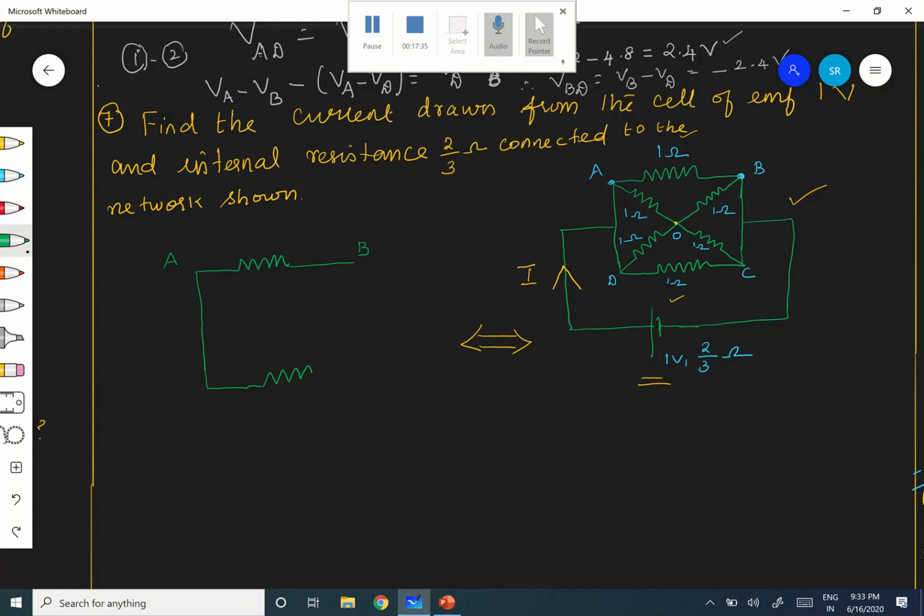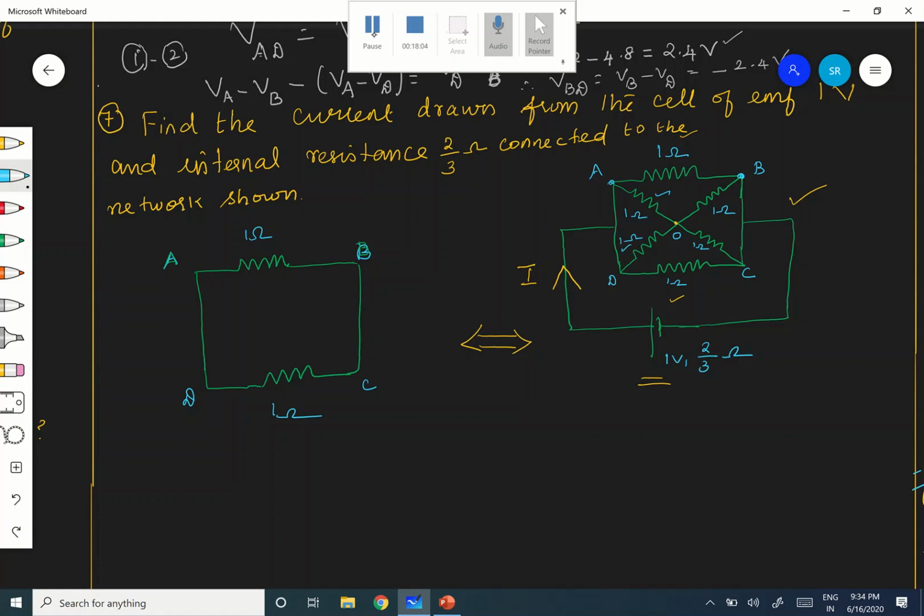Between DC it is also 1 ohm. The points here are A, B and here D, C. Then, very important, this 1 ohm and this 1 ohm are parallel, correct? So first you draw that one.